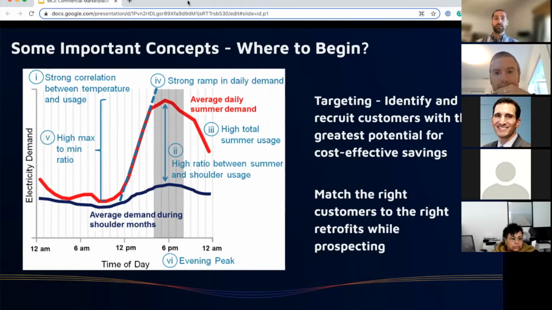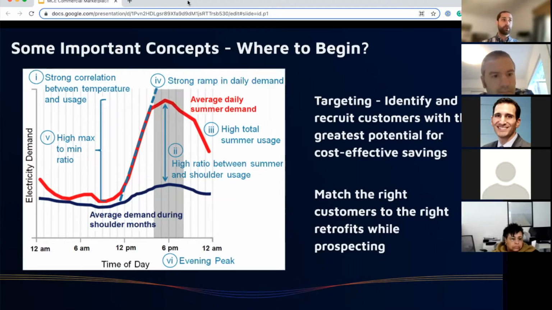And so where this starts is we analyze every meter that comes in the portfolio, and we analyze them for a variety of characteristics that may lead to outsized returns for various energy efficiency projects.